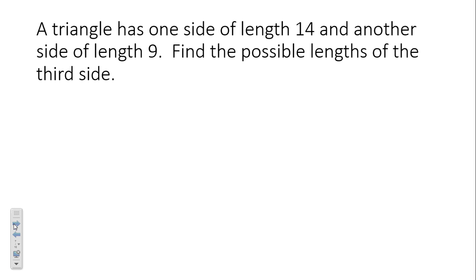So, great question came up. How do we know the range? Let's think about this range of values. We have 9 and 14 for 2 of our sides. One side's 9, one side's 14. What do you think we're going to do to figure out the third side?